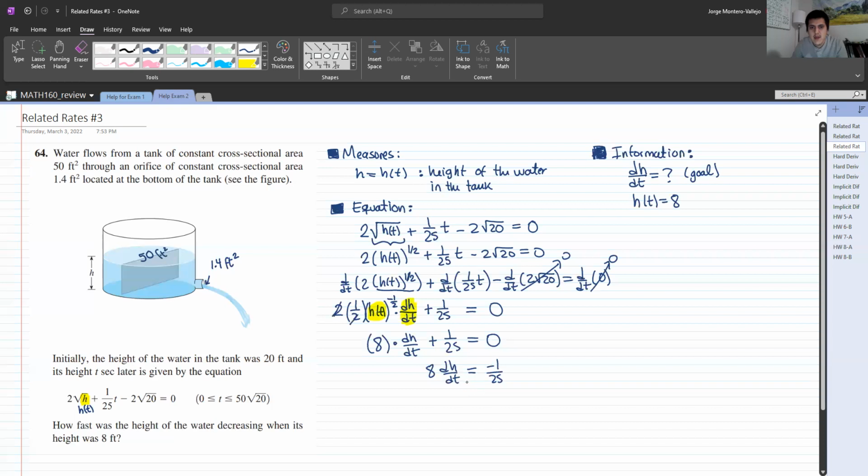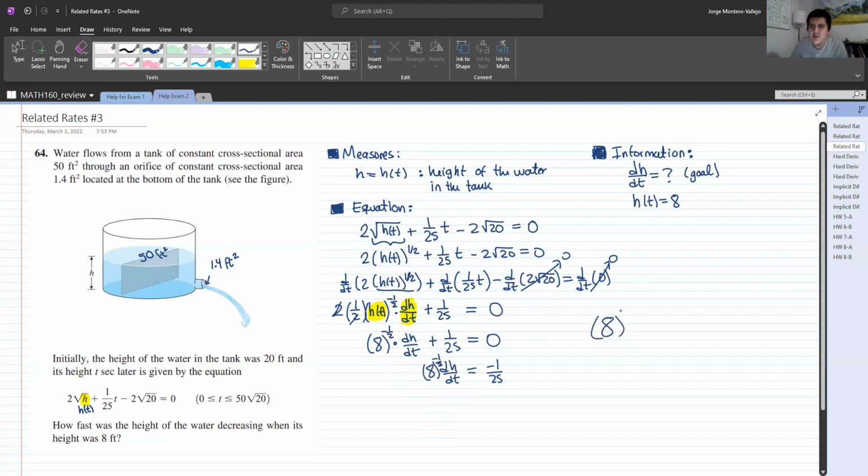I want to divide now by 8. Oh, I'm forgetting the minus 1/2 here, right? So minus 1/2. All right, so let's take care of that.